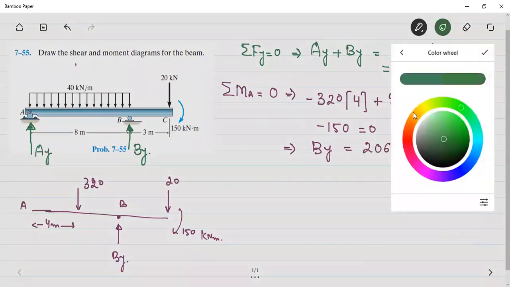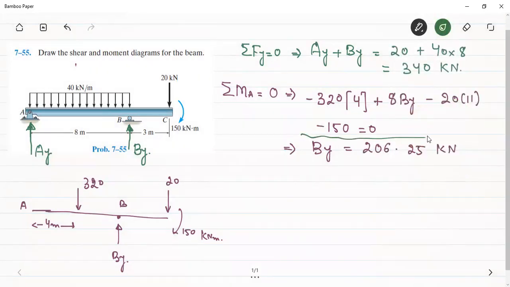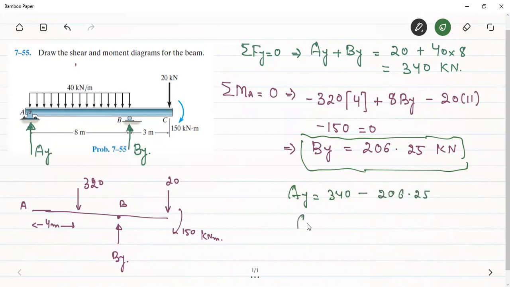So this is the first reaction, that is the reaction at the support B. So we can substitute this in the first equation and we will get that AY is equal to 340 minus 206.25, and this reaction will be equal to 133.75.